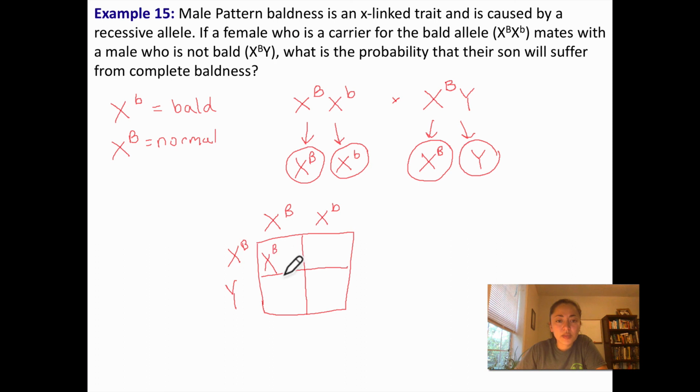So this would be X big B, X big B. This one will be X big B, X little b, big B from that parent, a little b from that parent. Now these are females, both females here on the top. Now we're making the males: X big B Y, and then the other possible male would be X little b Y.